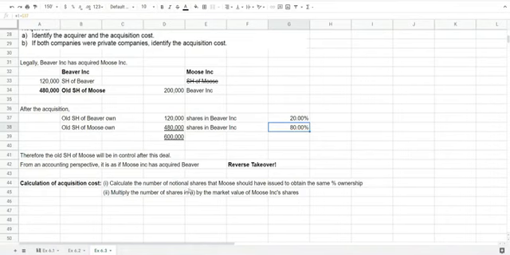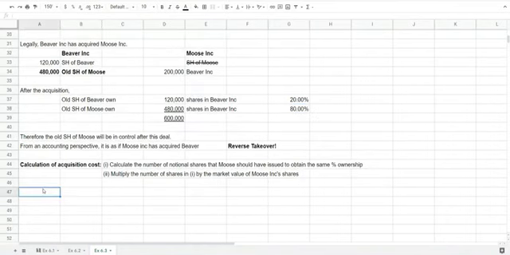Now, notional means as if, right? So notional means as if, means it will not actually happen. So it's entirely make believe.